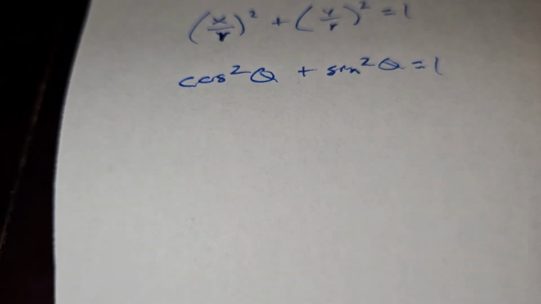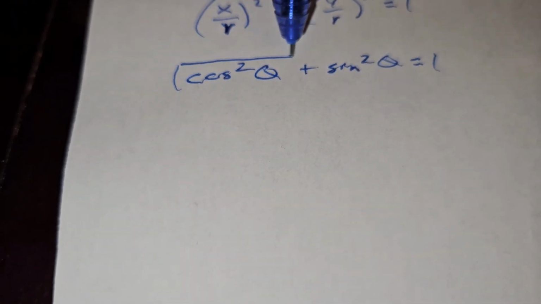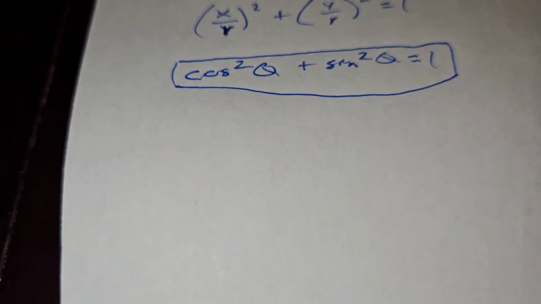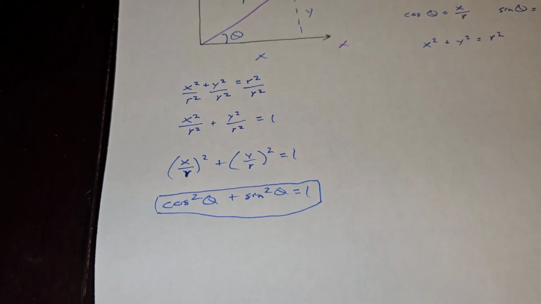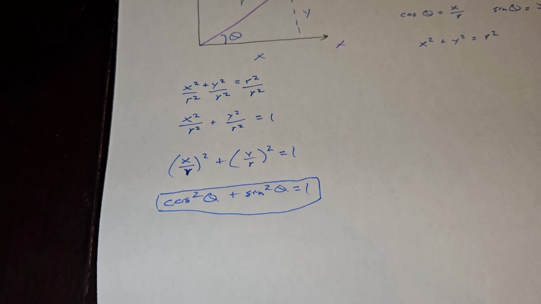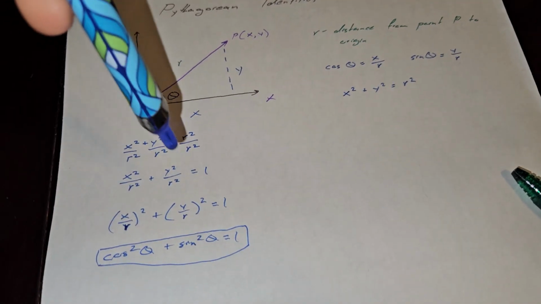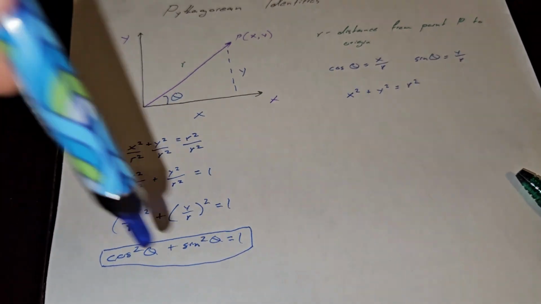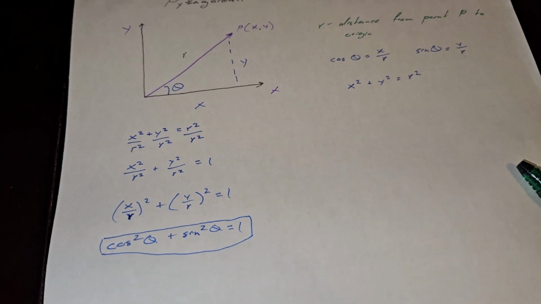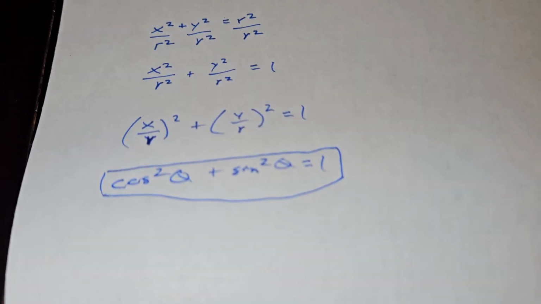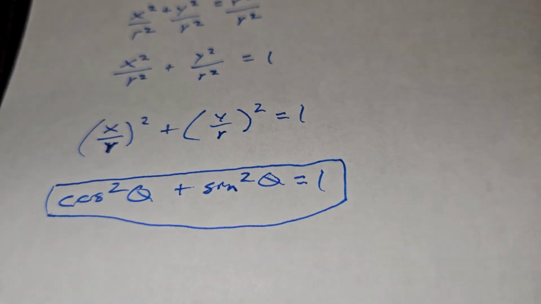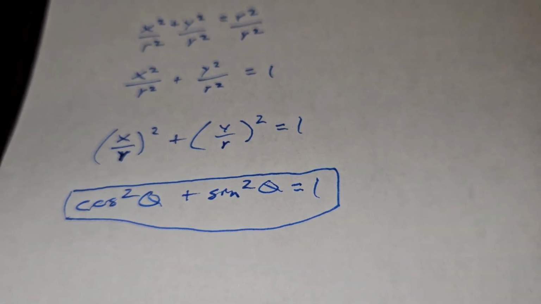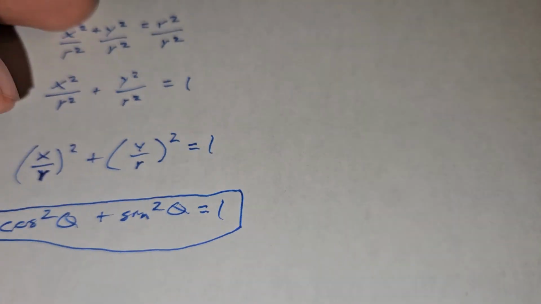So that's how you can remember this trigonometric Pythagorean identity: just divide everything by r squared, use what you know here, and a little bit of algebra. We can use this to do some trigonometric identities. Let's find another one.